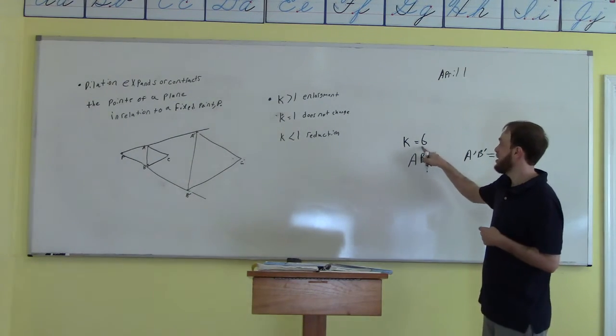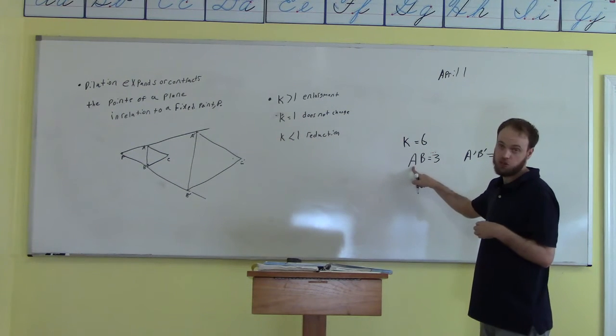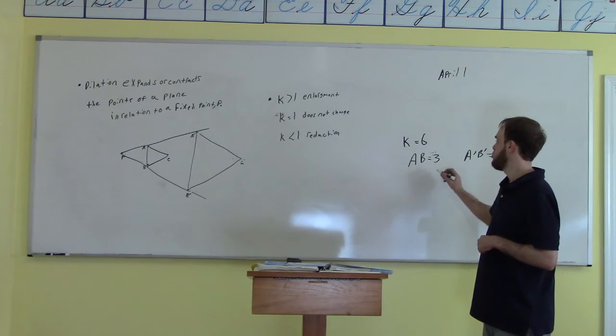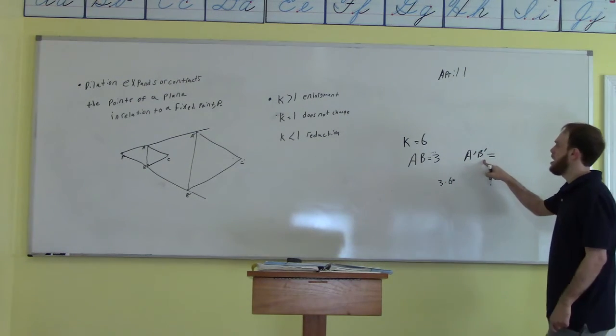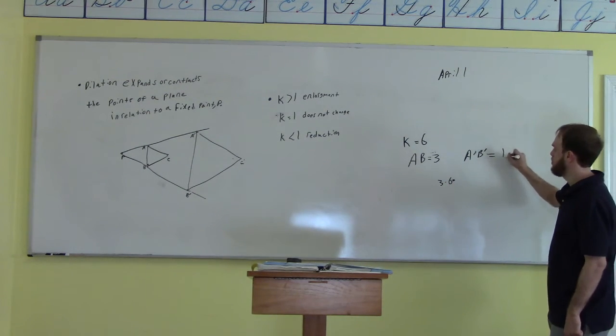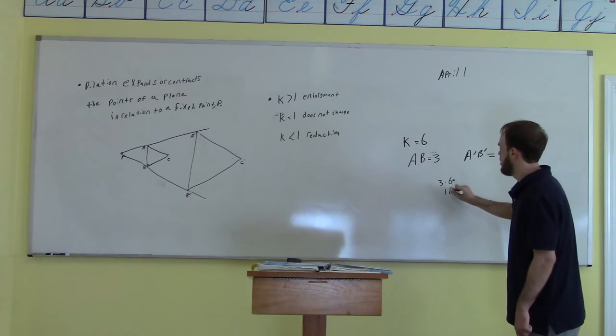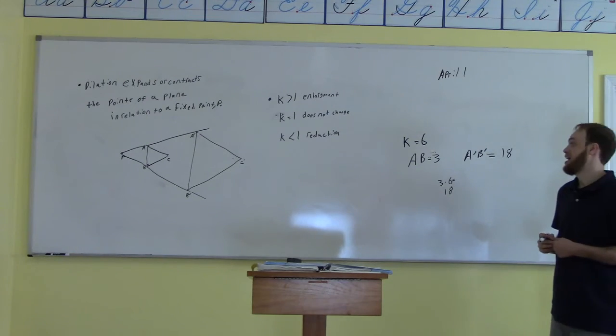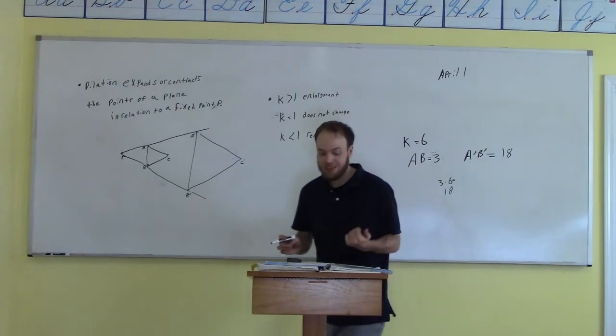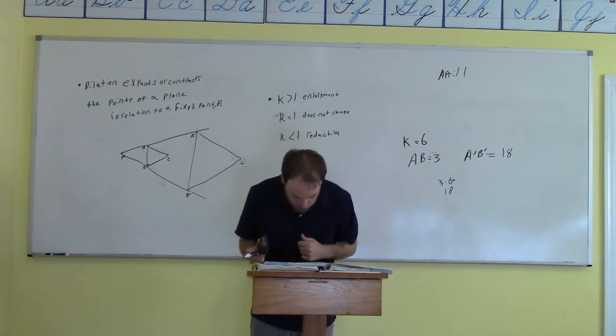If K is 6 and the original pre-image is 3, you're just going to do 3 times 6, which gives us A prime, B prime being 18. Since 3 times 6 is 18, A prime, B prime would also be 18. That's how you go through those.